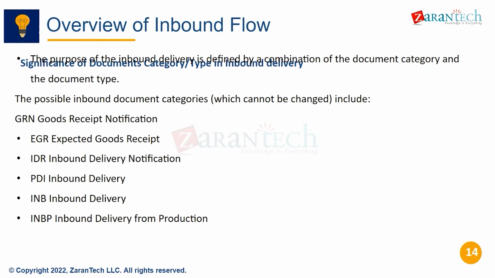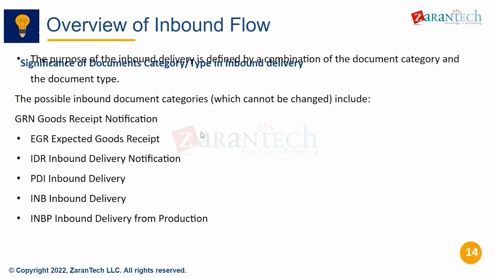And based on this expected goods receipt document, the inbound delivery will be created. To do this process, there are different transaction codes or different processes available in the EWM system. I will give you an overview of that also, when we see it practically in the system. Just remind me how the expected goods receipt process will be done.